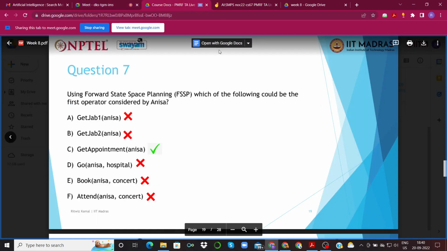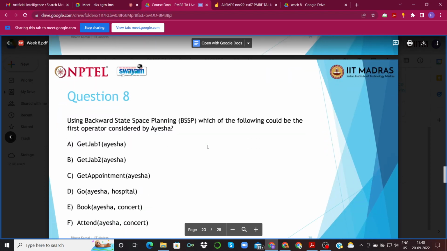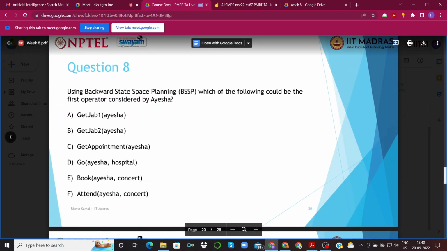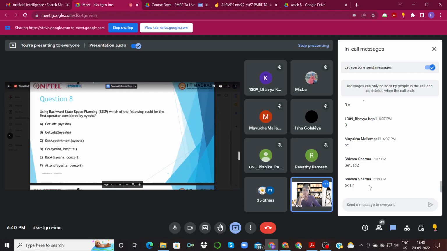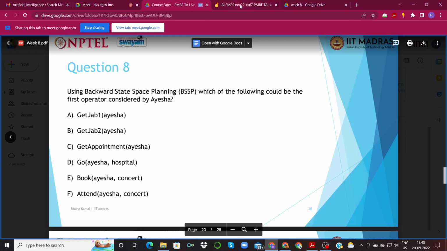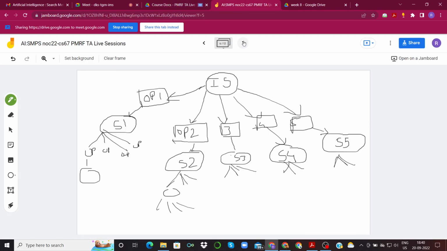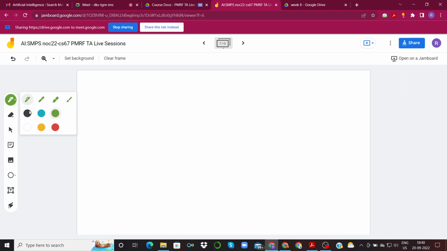So if this is clear, now let's have a look at backward state space planning. Now in backward state space planning, what happens? In order to overcome the issue of high branching in forward state space planning, backward state space planning, instead of starting from the initial state, starts from the final goal that it has to achieve.